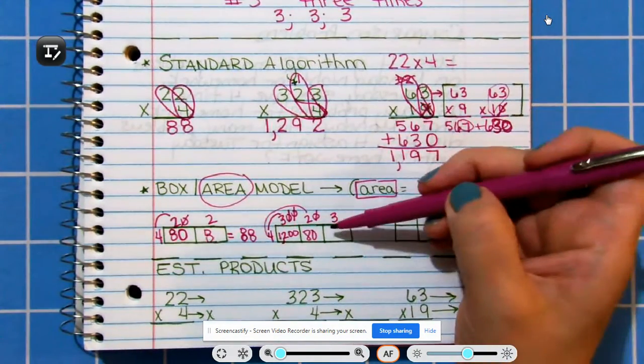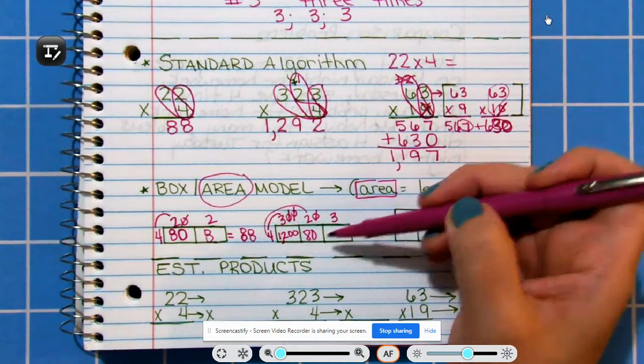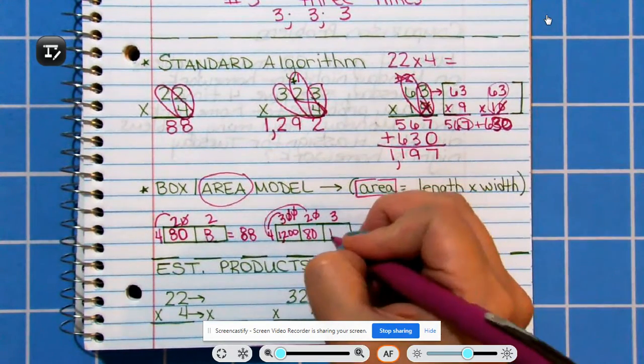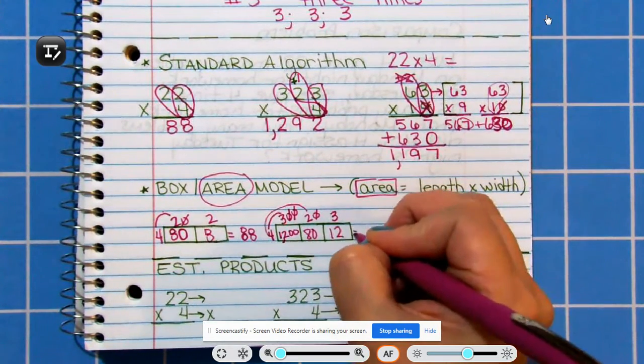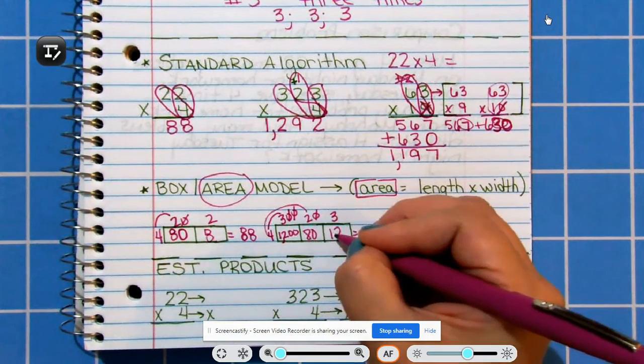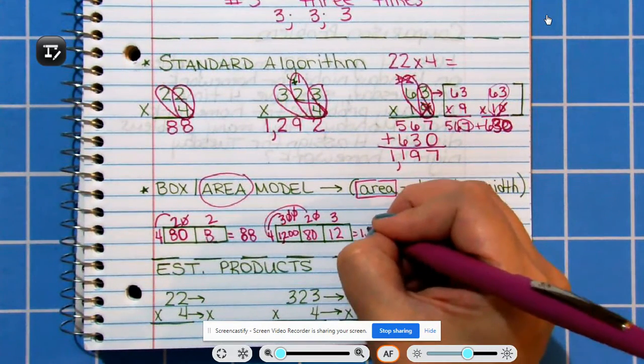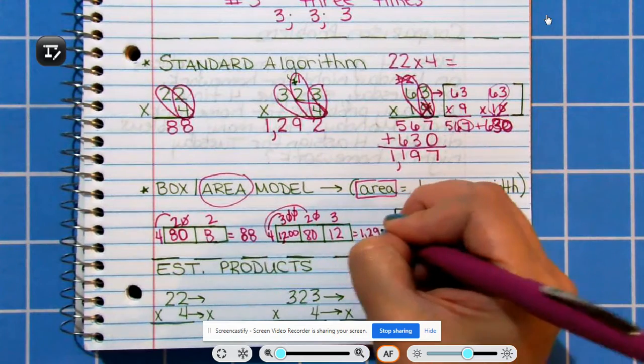And then the last rectangle has a length of 3 and a width of 4. 4 times 3 is 12. When you add your 3 products together, you get 1,292.